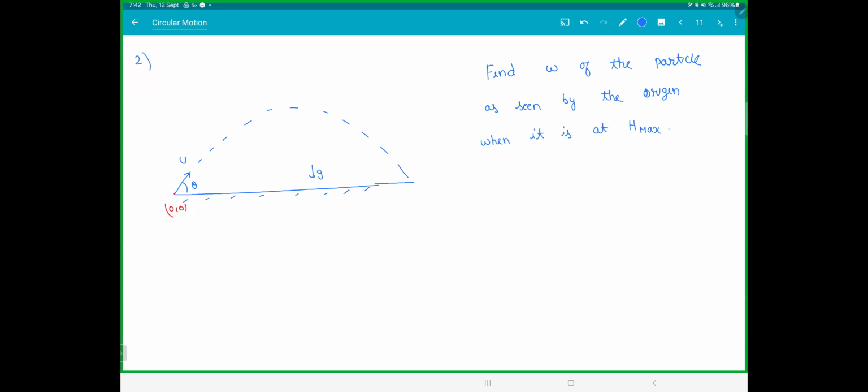There, your projectile motion. Let's get this.